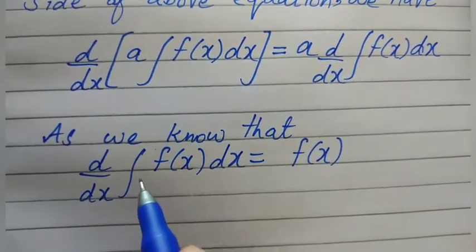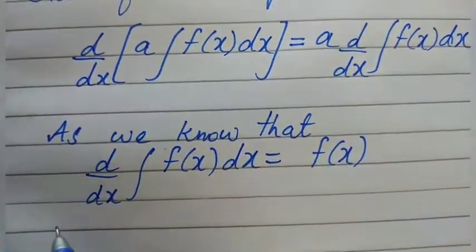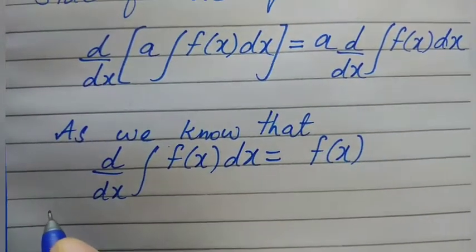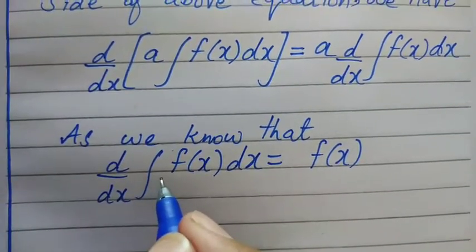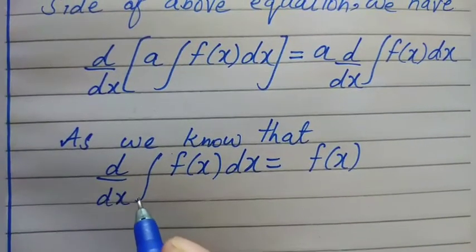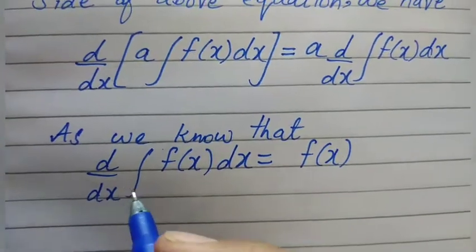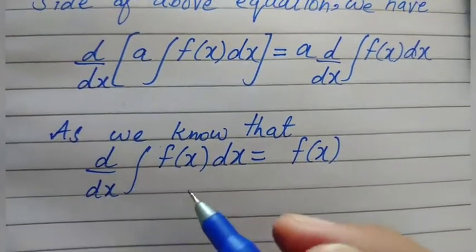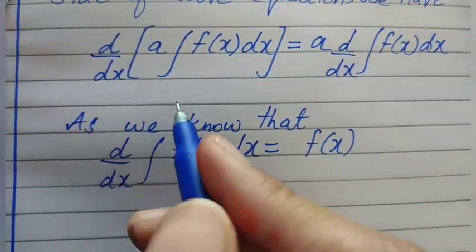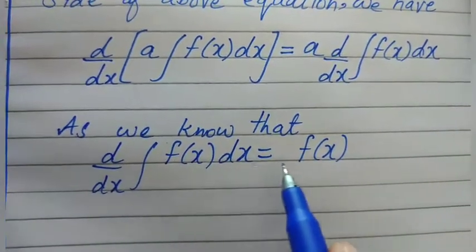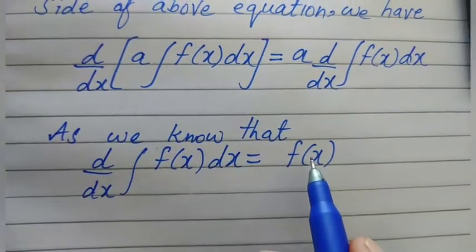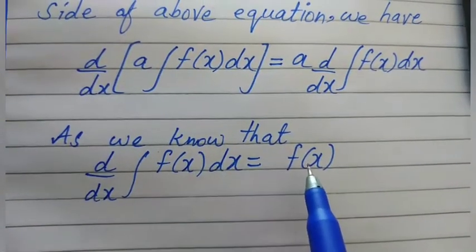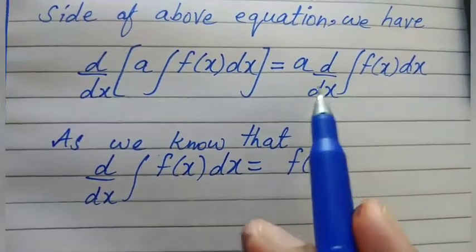Here you can see how the derivative is applied on the integral and how it is equal to the original function, that is f of x. Basically, derivation and integration are inverse operations of each other. So when we use it in the solution of any question, the derivative and integration will cancel out and the function f of x remains.